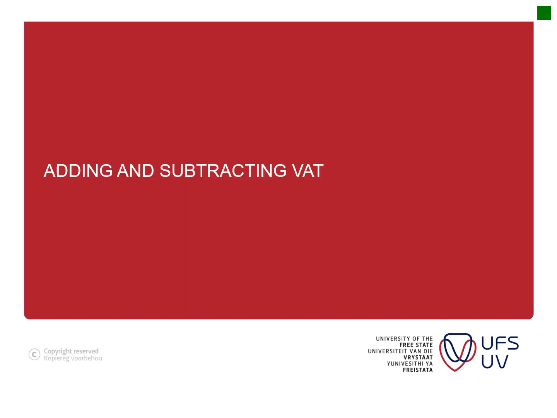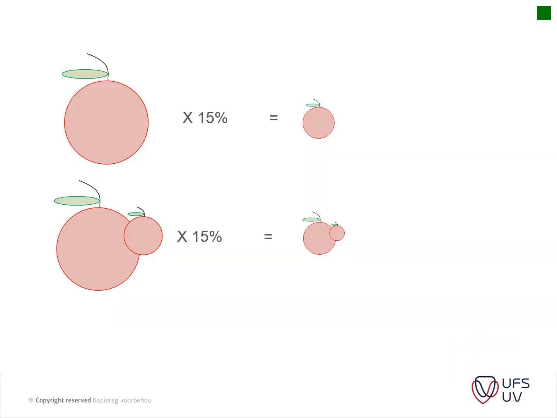Then I get to a very important thing. I think I did mention it before in one of our lectures, which is how to add VAT and how to subtract VAT. It may seem a very simple thing, but it's actually not that simple, because how do you subtract 15% of an item that already has 15% on it?